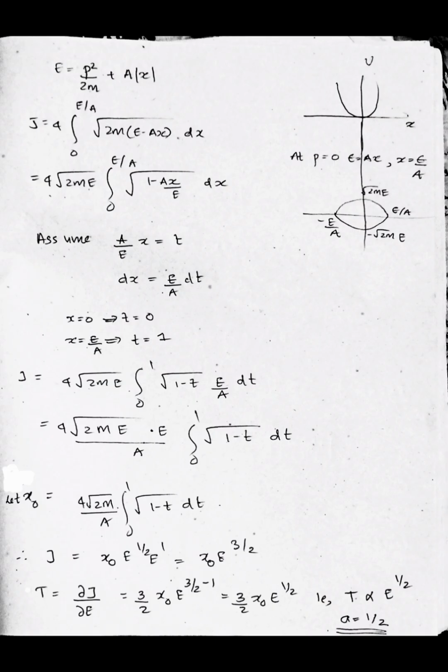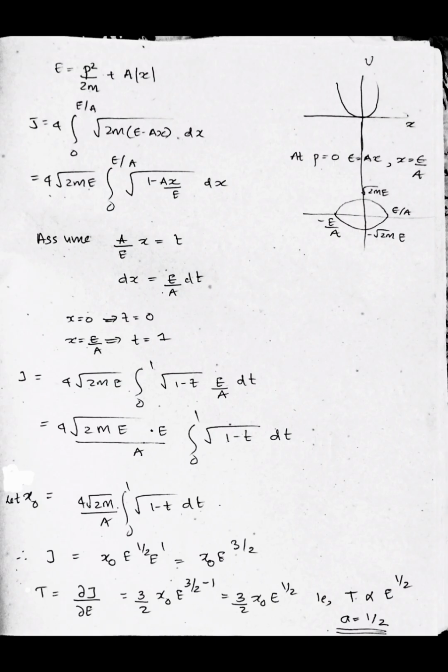And from here we can calculate the value of J, which is equal to, we know that the x value changes from 0 to E by A, so the integral limits of the J is equal to 4 into integral over 0 to E by A of square root over 2m into (E minus Ax) into dx, calculated from equation 1.